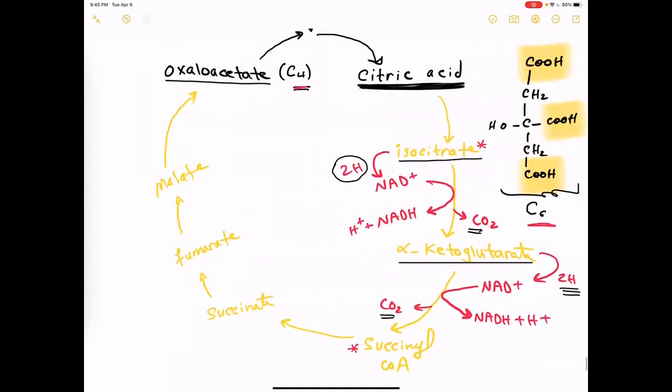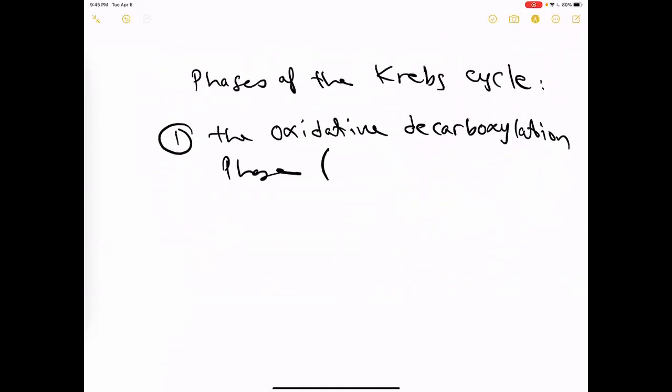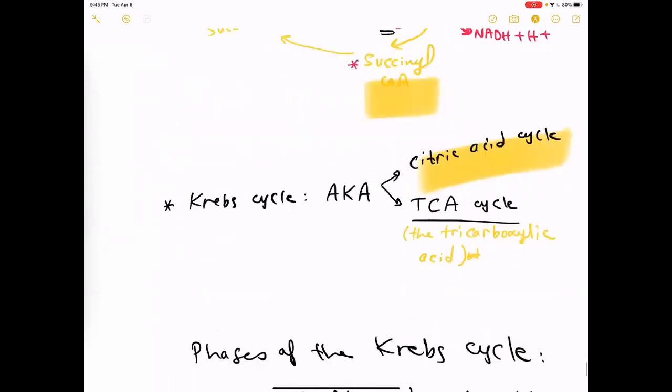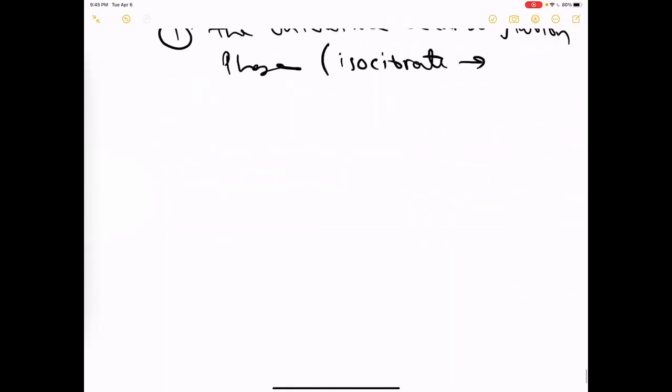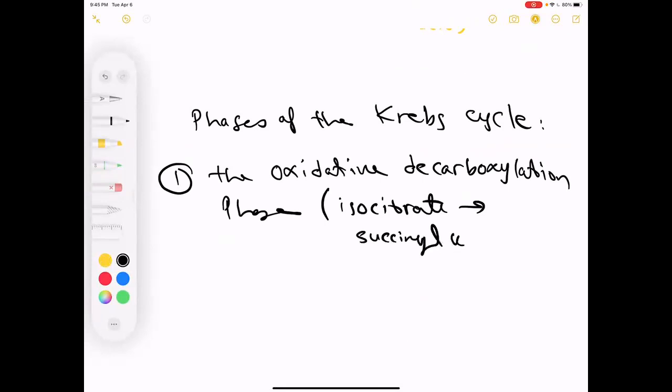And I'm showing you what it is. I said from the isocitrate to the succinyl-CoA. Here, from isocitrate to succinyl-CoA, sorry, to succinyl-CoA.